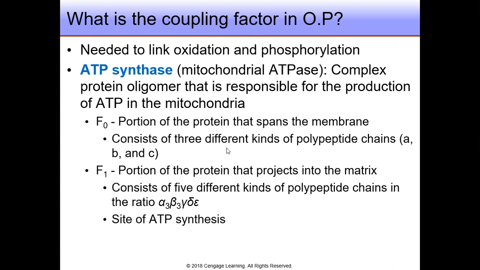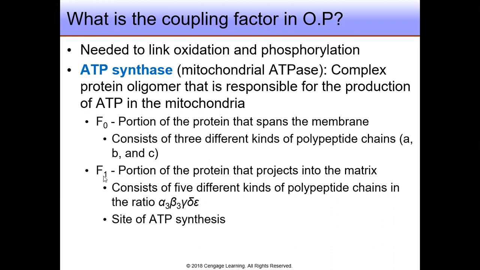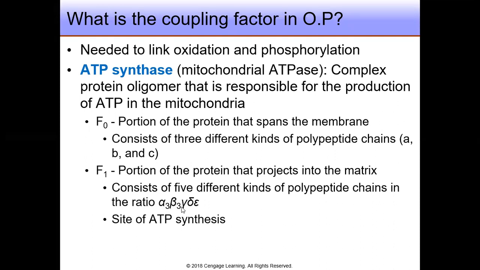And it consists of 3 different kinds of polypeptide chains, A, B, and C. Research is in progress to characterize it further. Now, the portion that projects into the matrix is known as F1, and it consists of 5 different kinds of polypeptide chains in the ratio alpha 3, beta 3, gamma, delta, epsilon.